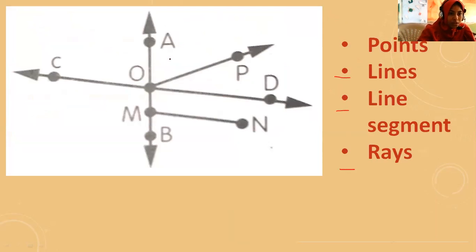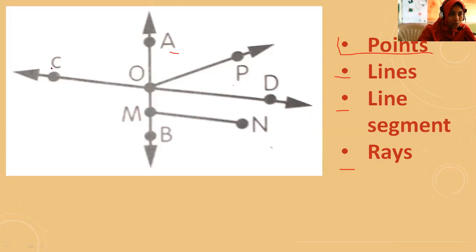All are given names: A, P, D, M, B, N. You have to find how many points are there.